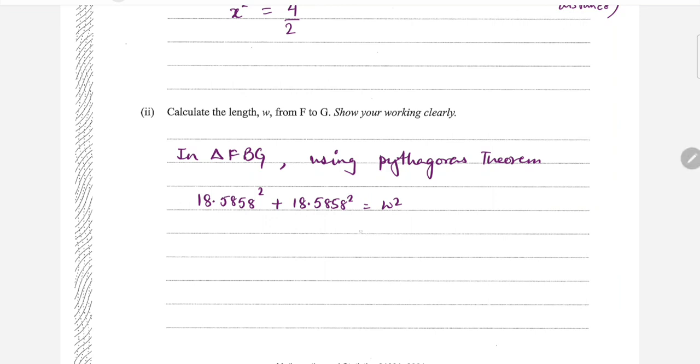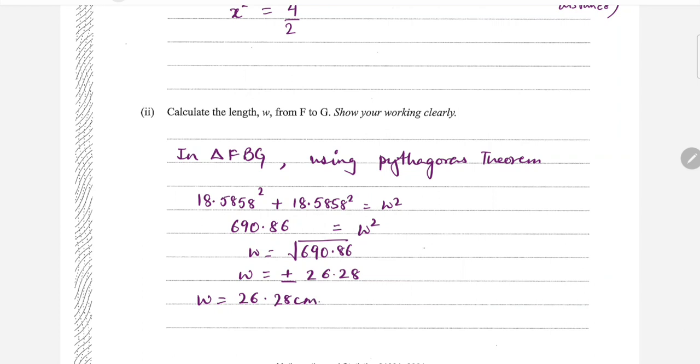So that will give us W squared is equal to 690.86, from the calculator. So W is equal to the square root of 690.86. Again, when we do a square root, we get a negative and a positive answer, so plus and minus 26.28. So you will say W is equal to 26.28 centimeters is the answer.